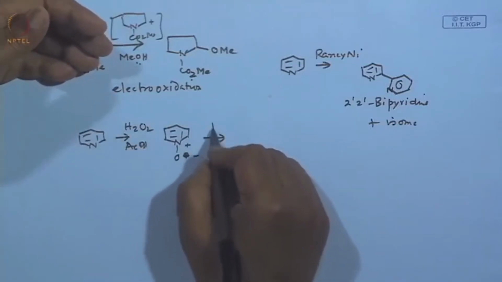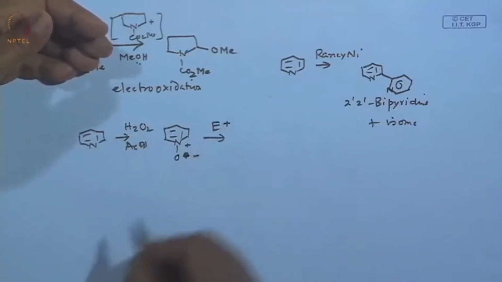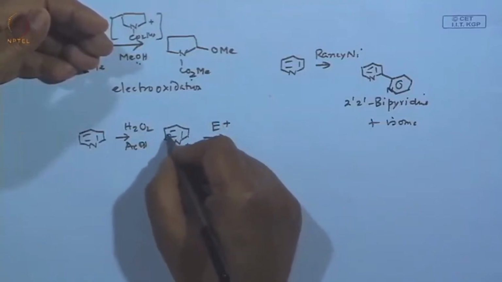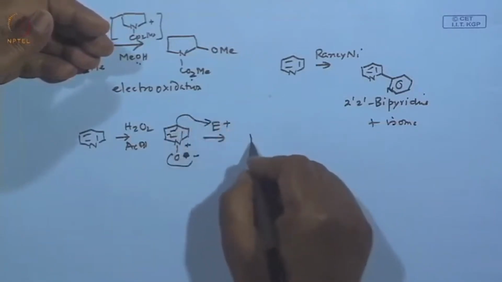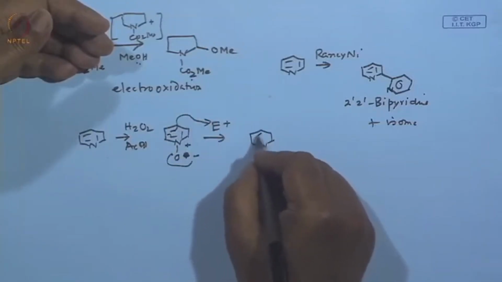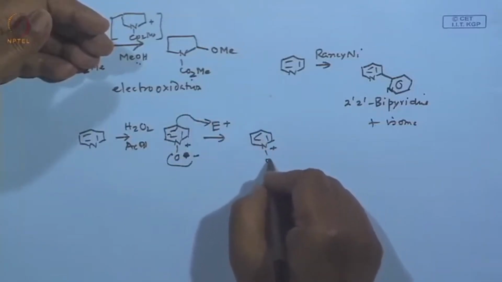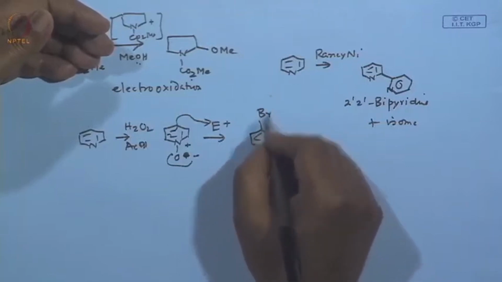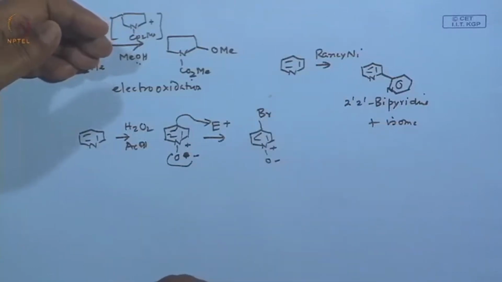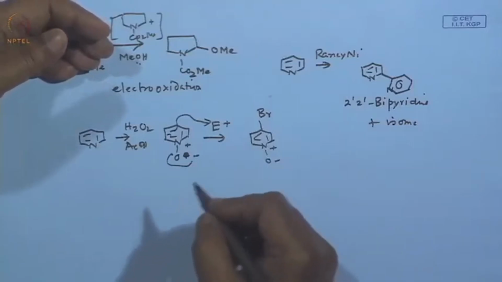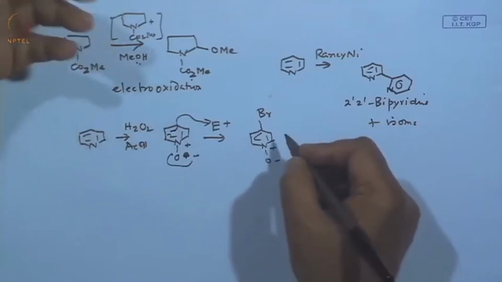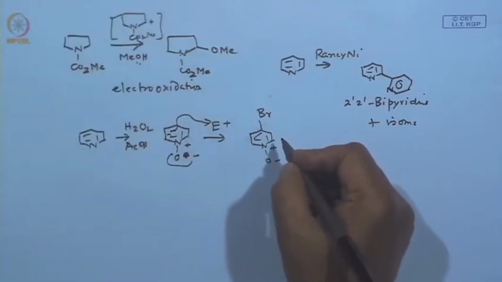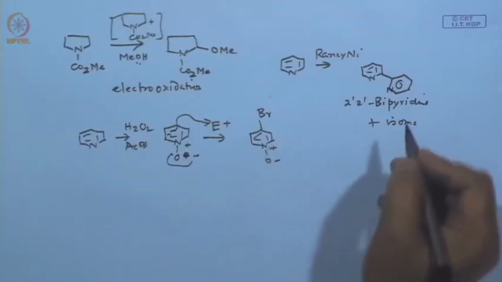And then if you try the electrophilic substitution reactions, often this takes place at the 4 position. So, if you do a bromination, it is likely that nothing happens to the oxygen, instead you get the 4-bromo N-oxide. Then you use a low valent phosphorus, phosphorus oxychloride, and then it comes out. So, that means you have so many steps and then you do this cross coupling.